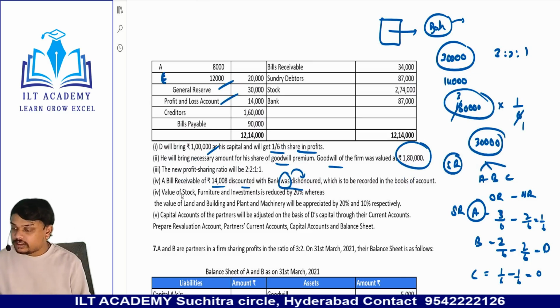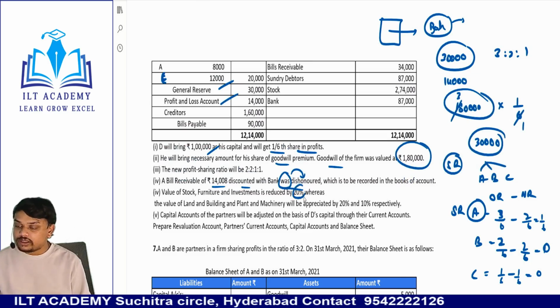Debtors done. Value of stock, furniture and investments is reduced by 20%.